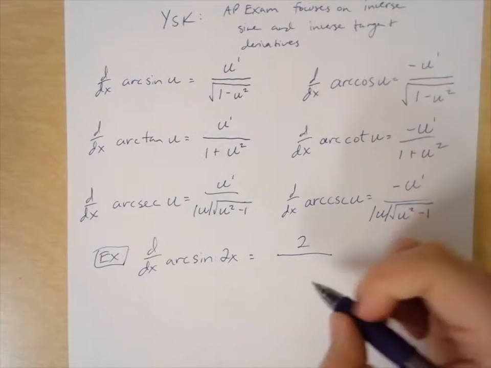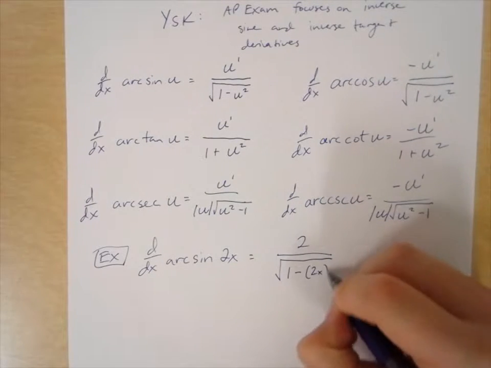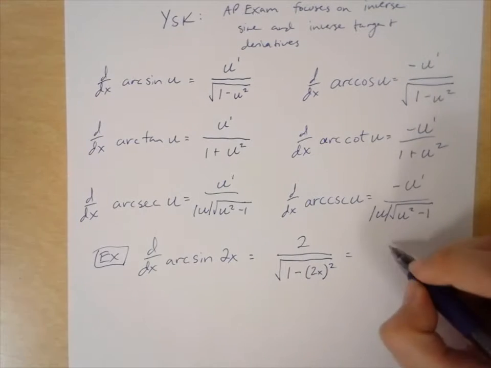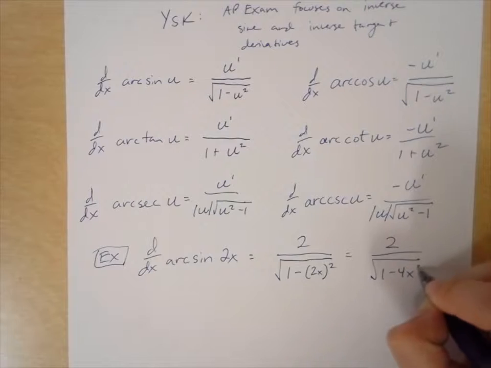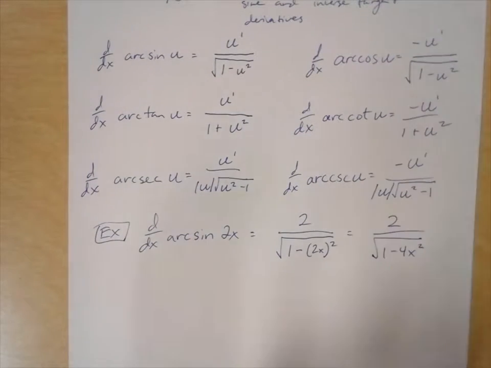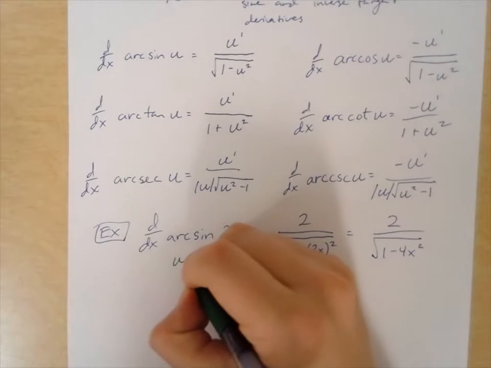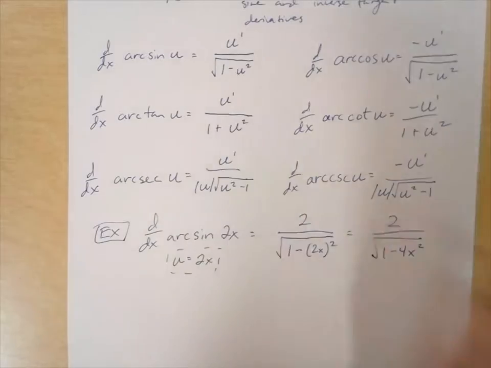And then I'm going to say over the square root of 1 minus 2x squared, which is 2 over the square root of 1 minus 4x squared, and I will be done. And again, I want to point out here that my u was 2x. I'll do a little box over that in a different color.